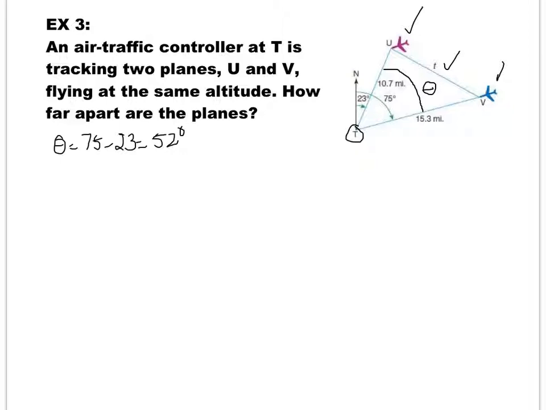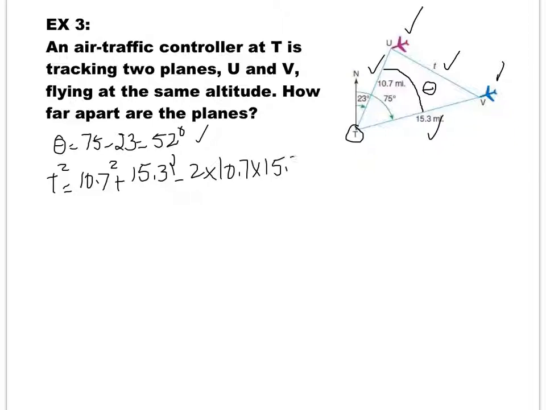Now, to find t, I'm going to use the cosine law because I have two sides and the angle between them, 52 degrees. So t squared is equal to 10.7 squared plus 15.3 squared minus 2 times 10.7 times 15.3 times cos of 52.